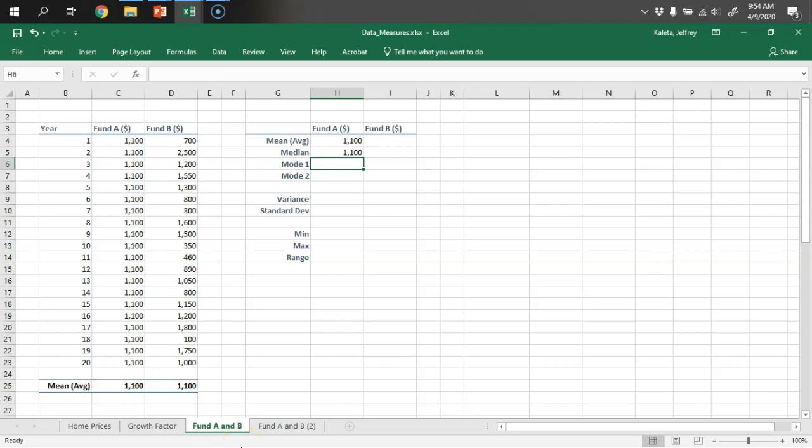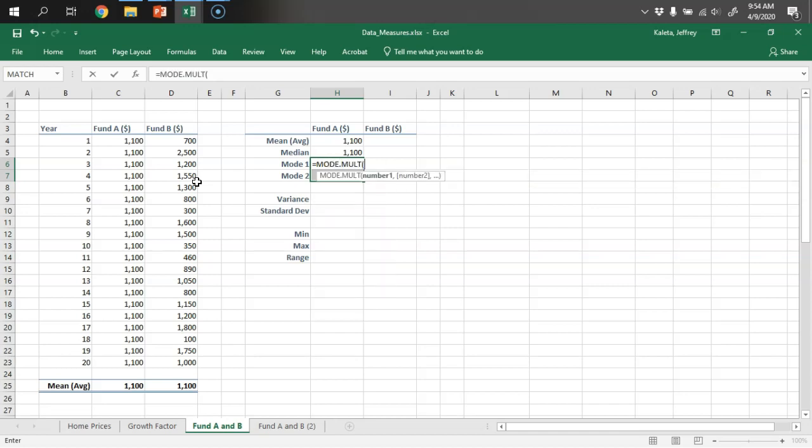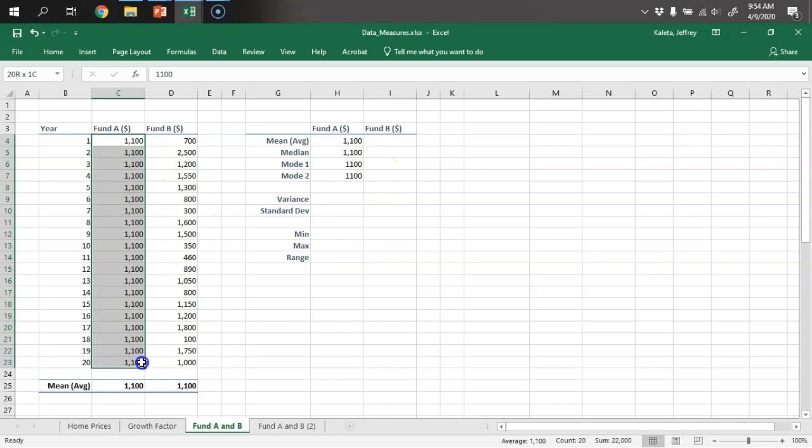Now, if you remember mode, I have to select both mode 1, mode 2, and hit equal, multi-mode. Actually, excuse me, mode multi, thank you. And then, of course, select all this, Control, Shift, Enter. Isn't this interesting? Now that we know that there's only one data, mode 1 and mode 2 are identical.